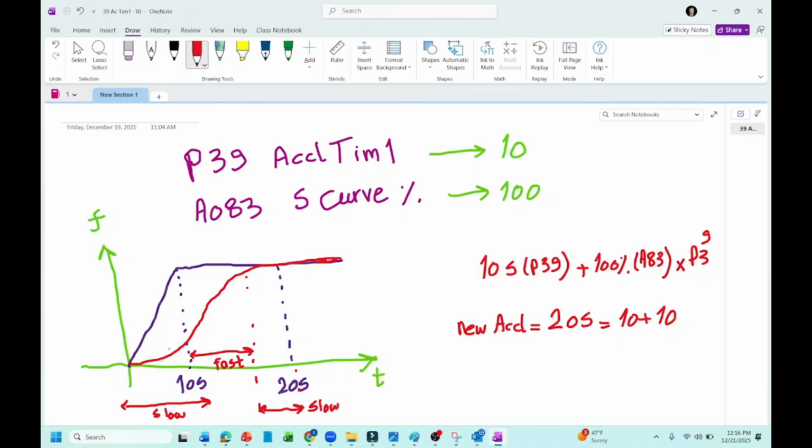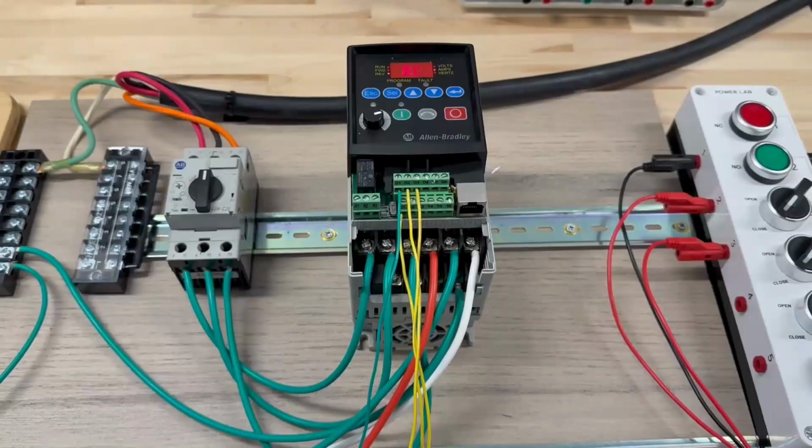As I mentioned, the most important application could be an elevator, where you don't want to feel it when the cabin stops and starts. That means you have a softer start and stop. Let's go to our training set and see a demo for this A083.